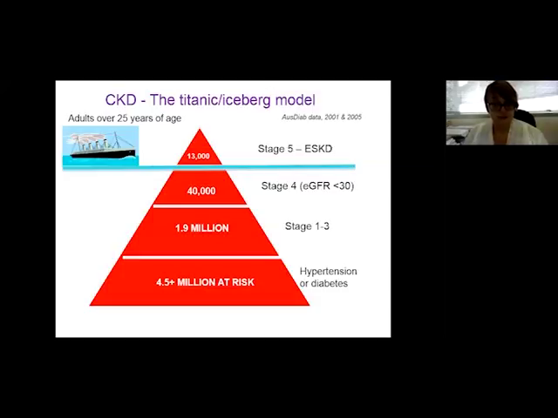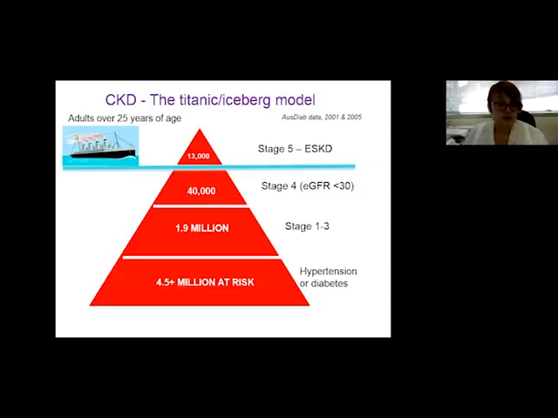Very expensive, okay? And in fact, we do know that by 2030, the rate of people who are going on to dialysis in Queensland will consume the entire Queensland Health budget just for dialysis. So really we should be trying to avoid people getting to stage 5, but that's another story.